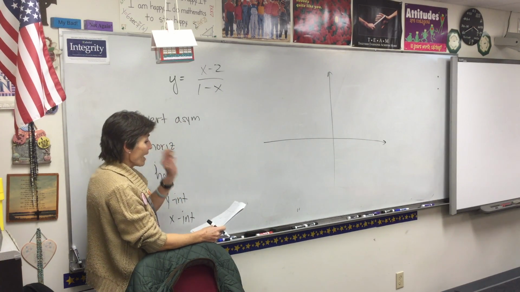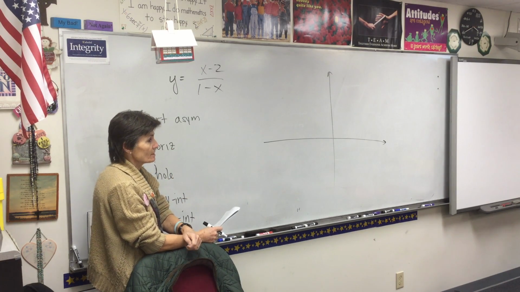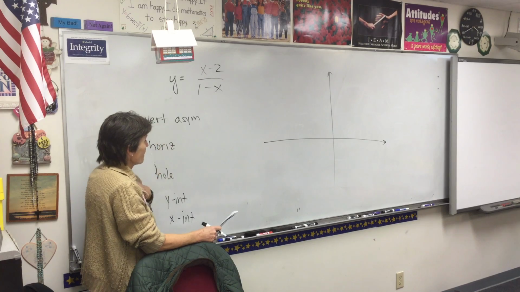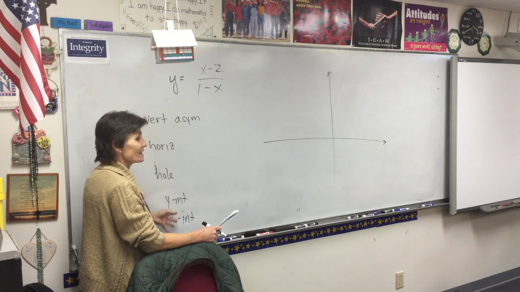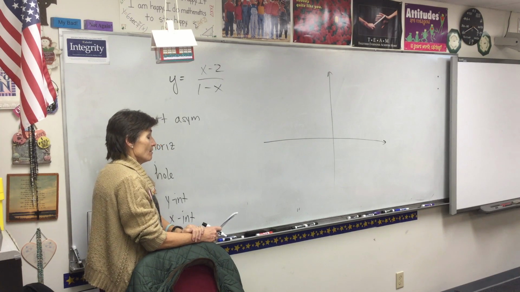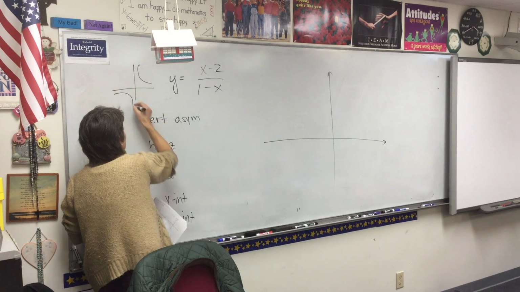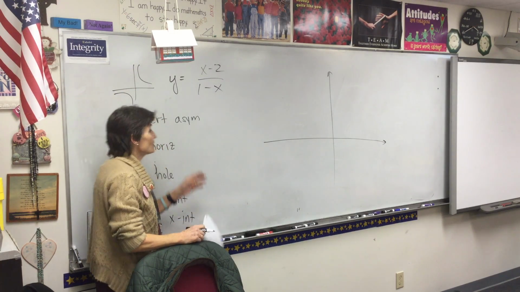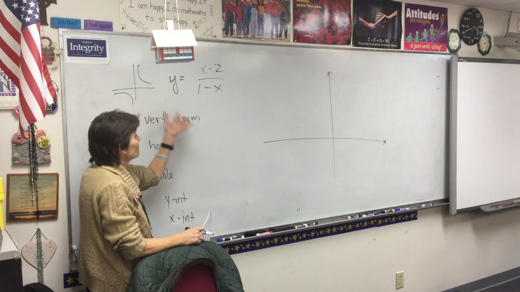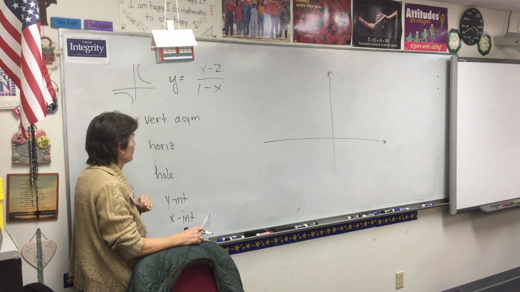So, we're graphing these things called rational functions. And our responsibility is to put all of the asymptotes and intercepts into the picture. Then we know that this is a version of the reciprocal function. So I'm going to have that shape just with some moves and switches around a little bit.